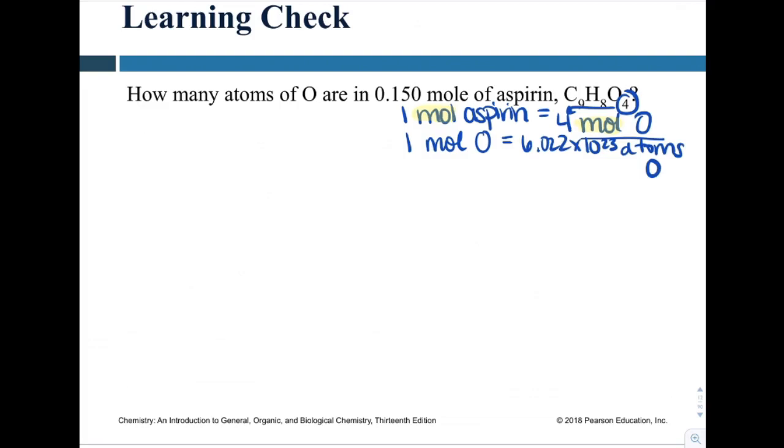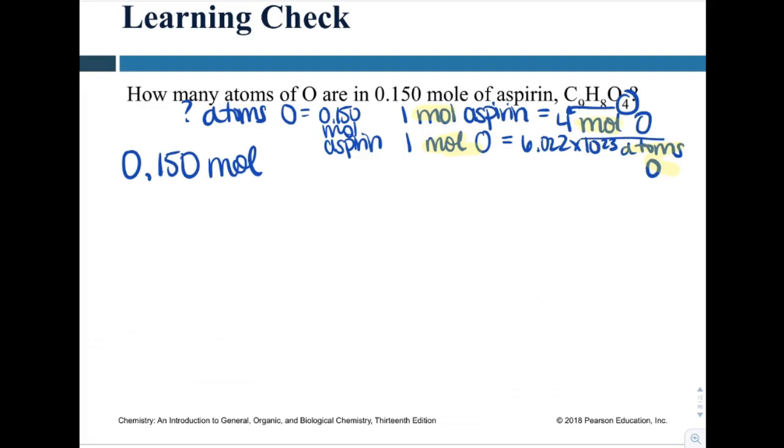I'm talking about oxygen inside of another compound, and that is not necessarily diatomic. So now I have a mole of oxygen to mole of aspirin conversion, and then a mole of atoms to oxygen conversion. So if I start with 0.150 mole of aspirin, how many atoms of O are in 0.150 mole of the aspirin?